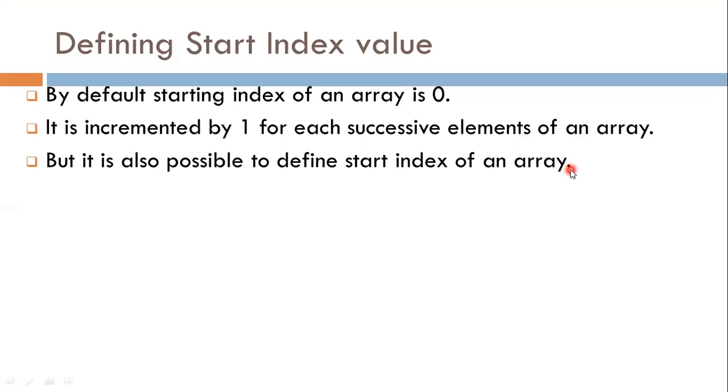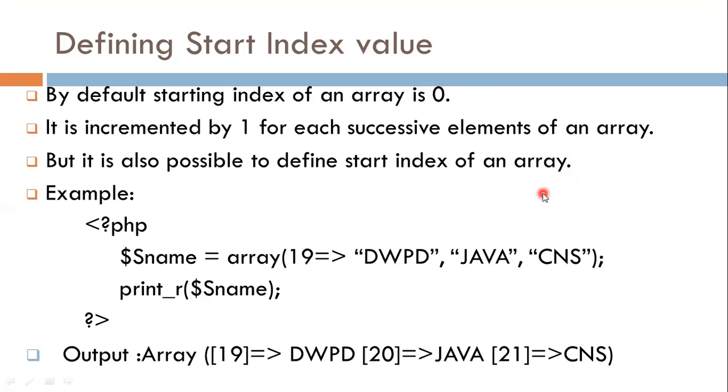But in PHP it is also possible to define or set a starting index of an array. For example, here I write one code which contains the array of subject names DWPD, Java and CNS, and it is created using the array function.